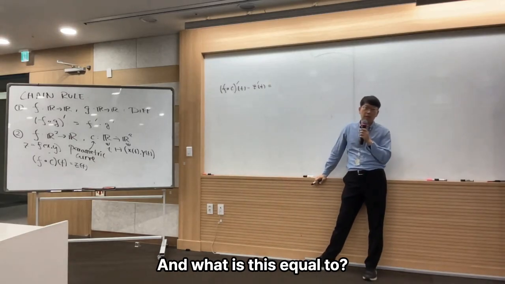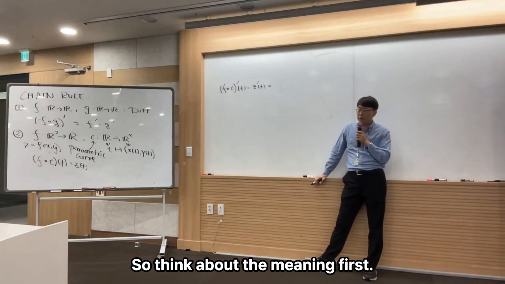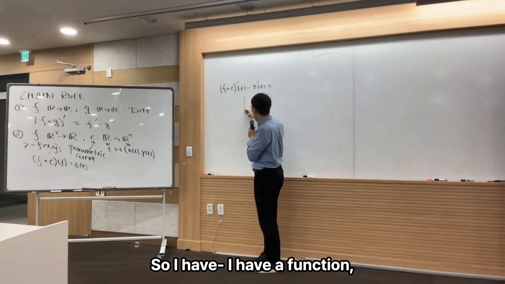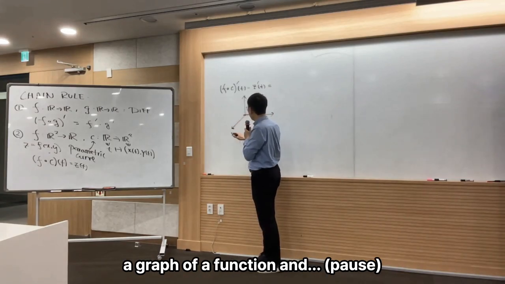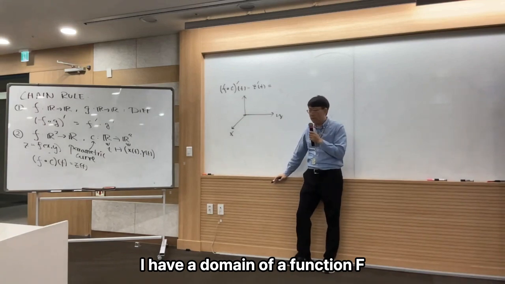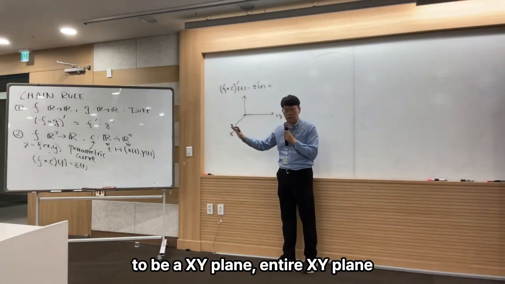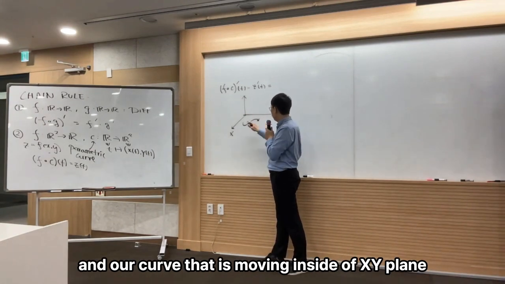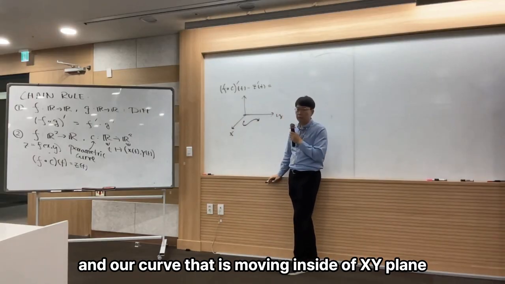And what is this equal to? Think about the meaning first. I have a function, or the graph of a function, and I have the domain of the function f to be the xy plane, the entire xy plane, and there is a curve that is moving inside the xy plane.